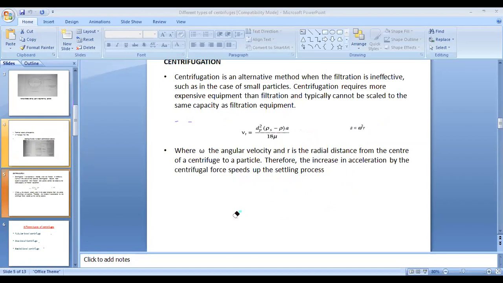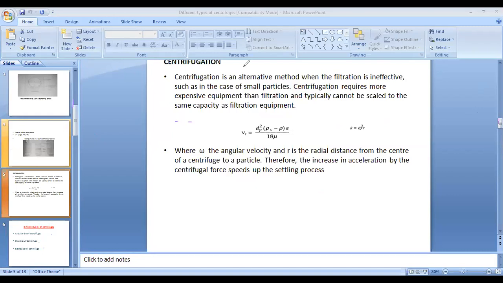The simple difference between sedimentation and centrifugation is that sedimentation is the settling of the particle only due to the gravitational force.